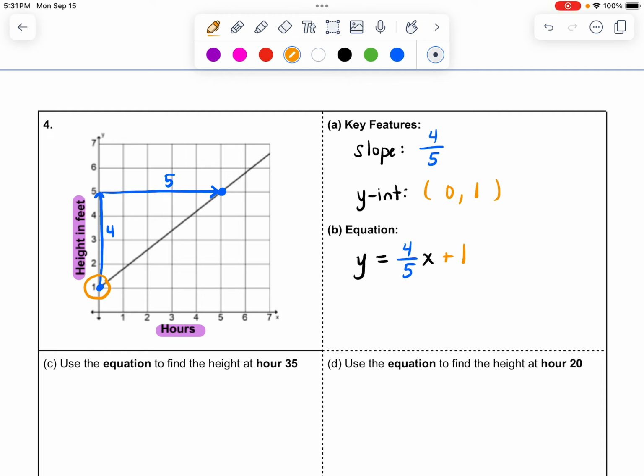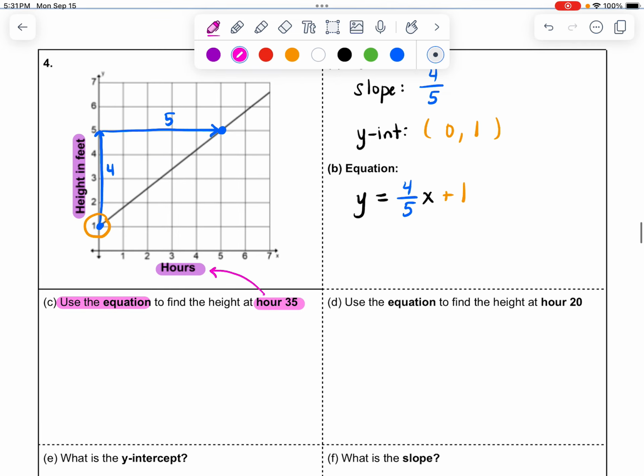Now we're going to use the equation to find some values. So the next part of this problem says use the equation to find the height at hour 35. Now in this graph, the hours are the x numbers. So all I'm asking you to do here is to take an x number and plug it into the equation.